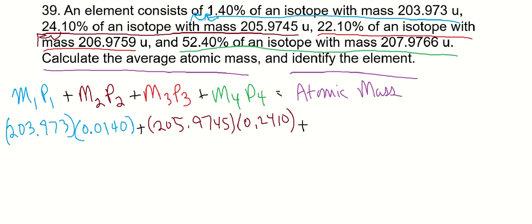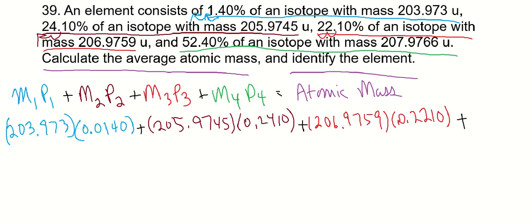Let's add that to the third isotope, which has a mass of 206.9759. Its relative abundance in decimal form is 0.2210. I'm going to run out of space.